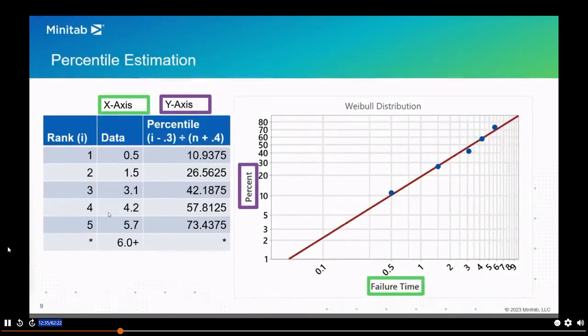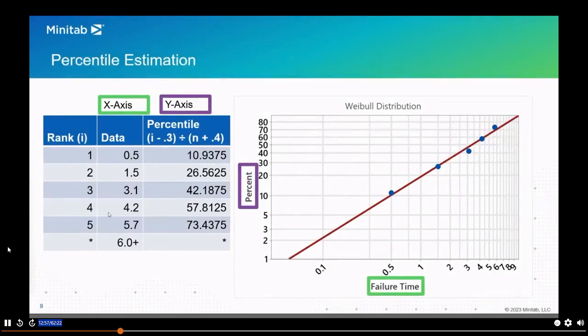So when we estimate percentiles, there are actually a couple different ways you can do it in Minitab, but the default for probability plots, for example, is taking the rank number i minus 0.3 and then divide by the total number, including those that failed, plus 0.4. And that gives us an estimate of the percentile.